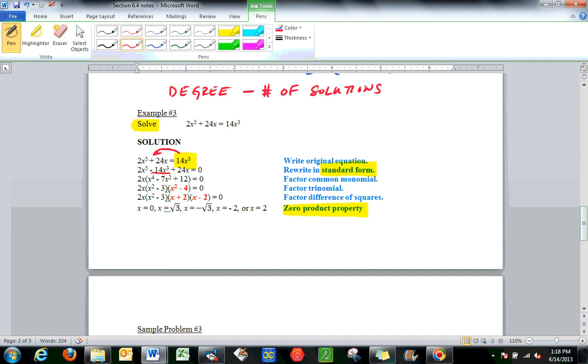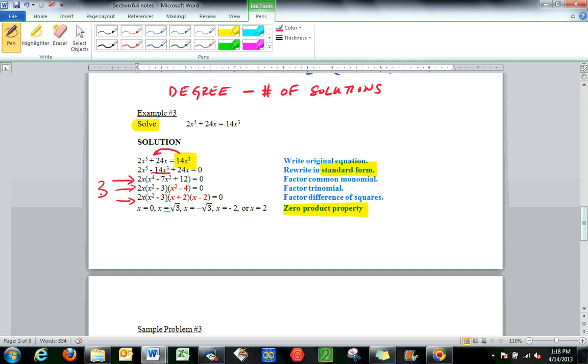Now, notice we actually have multiple levels of factoring. The first thing we do is factor out a common monomial. Then in the second step, we have to factor the quadratic, and then in the third step, we have a difference of squares. So we actually had 3 levels of factoring. It is important that you catch all of these levels of factoring before you set each term equal to 0.